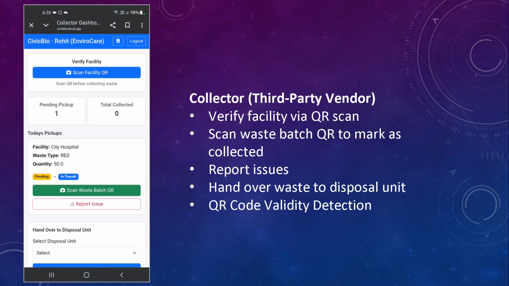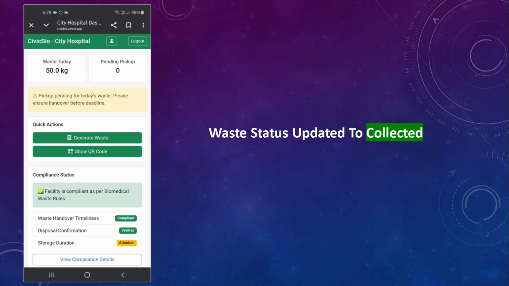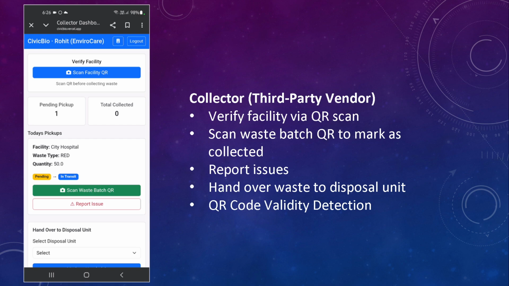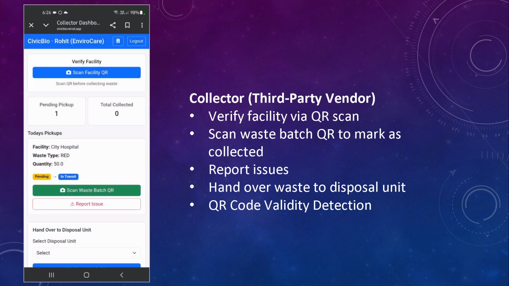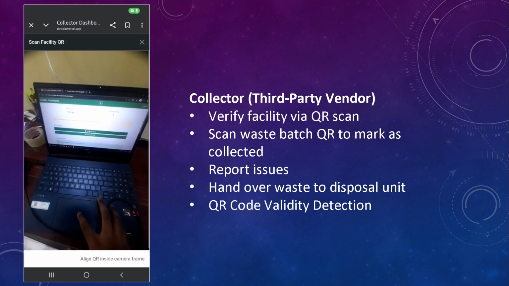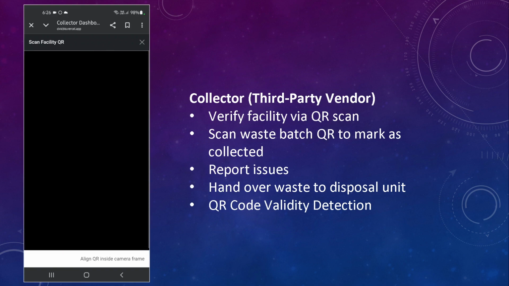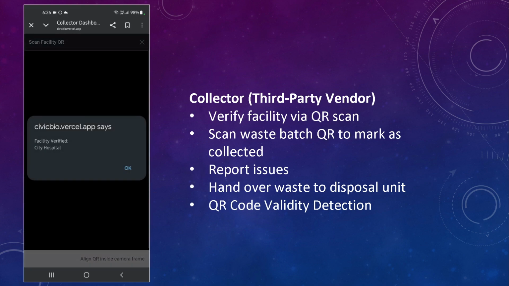Now we have the collector, the third-party vendor, who verifies the facility by QR scan, scans waste batch QRs to mark as collected, reports issues, hands over waste to the disposal unit, and does QR code validation. Here you can see the profile of the collector. First, he will scan the facility QR to verify whether the facility is verified or not.